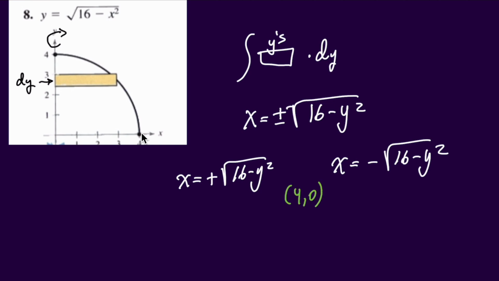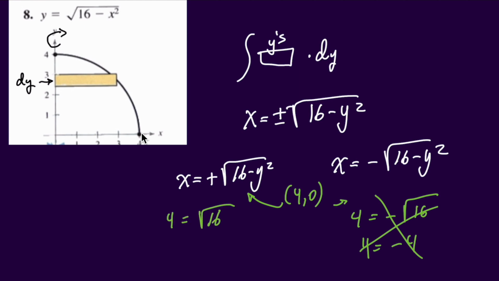If we do that on the right side, we're going to have 4 equals minus square root of 16, 4 equals minus 4. That's no good. Let's go ahead and just confirm that this should work out. So we have x equals square root of 16 minus 0 squared, and indeed this checks out. So based on that, this is the function that we're going to be working with.